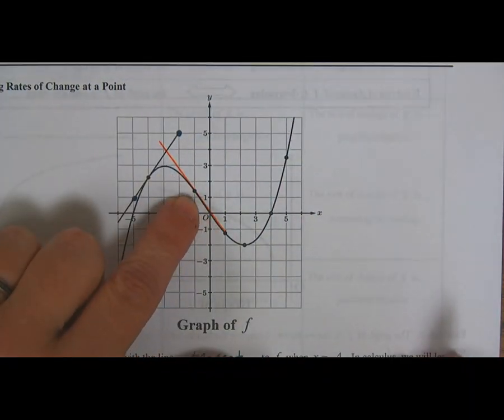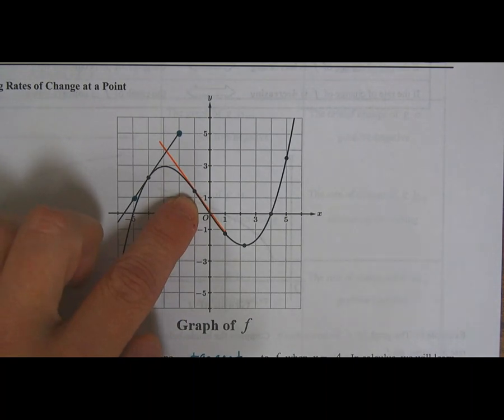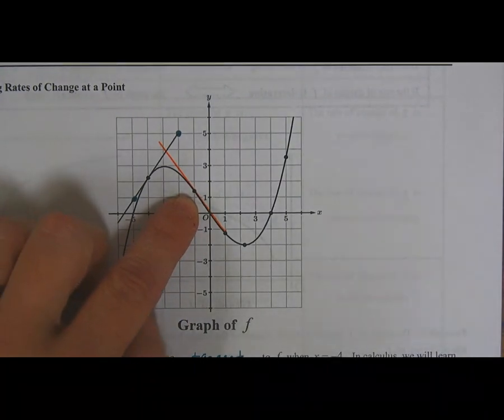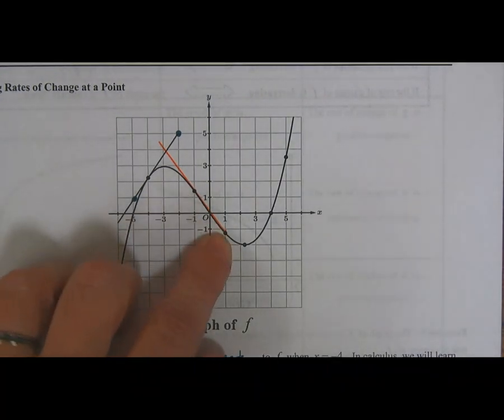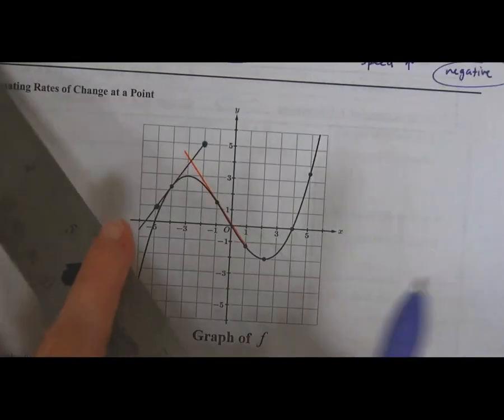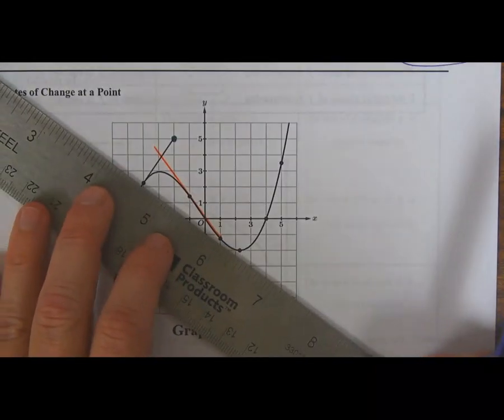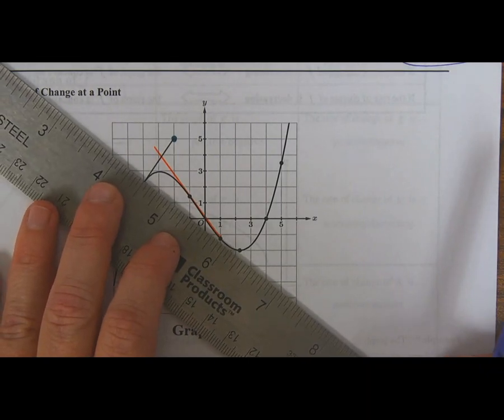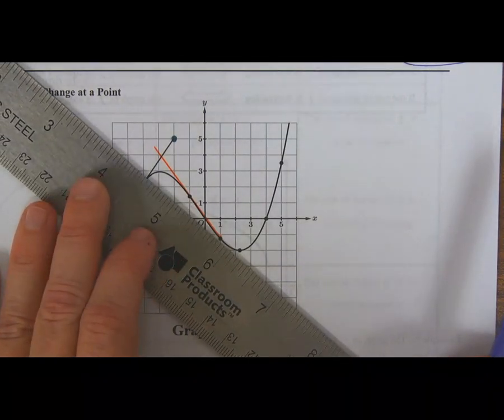Does that have a positive or negative rate of change right there? Negative. Okay? Now we're going to go down to this dot right here. And to the best of my ability, I'm going to try and draw a tangent line, which kind of-ish means that it only touches the graph once, but sometimes it might touch it more than once.